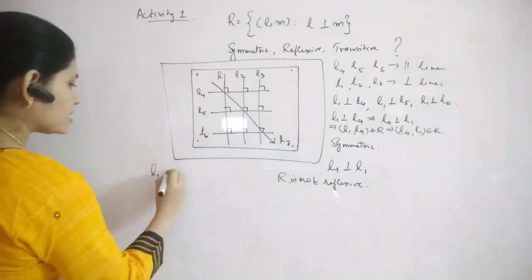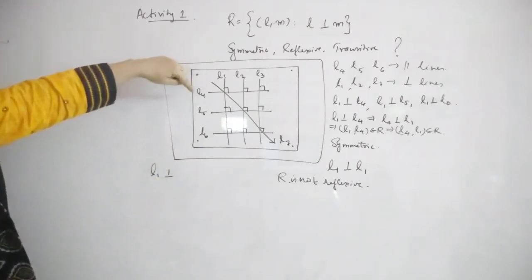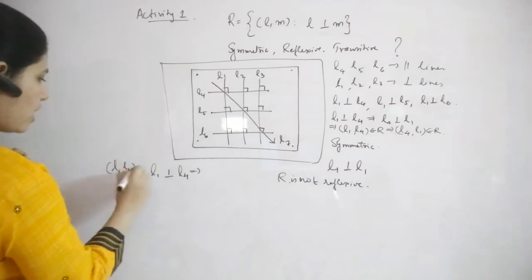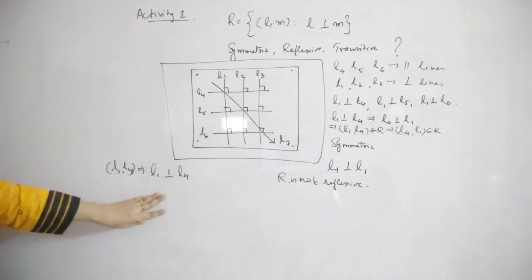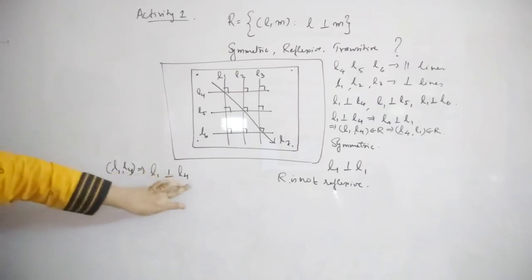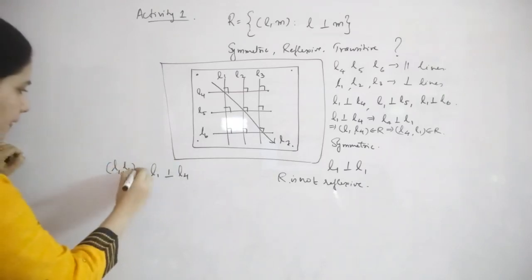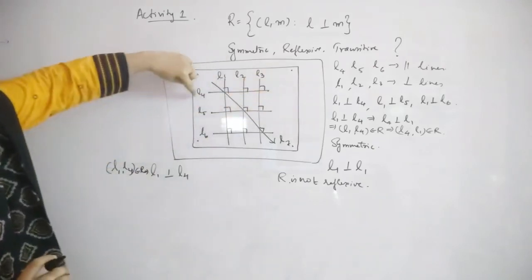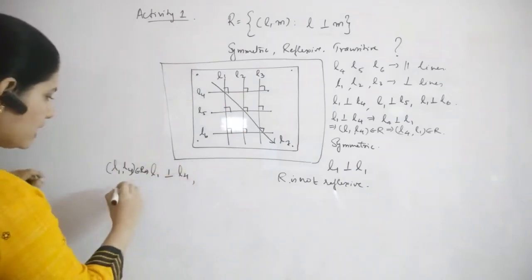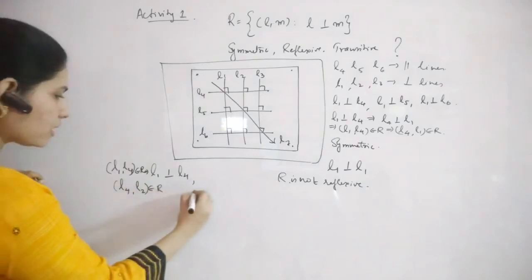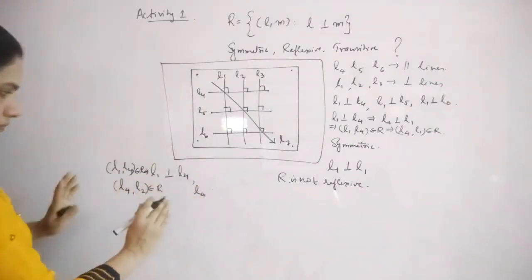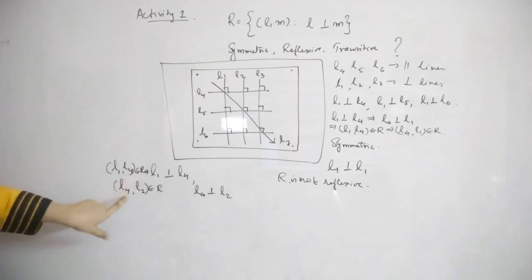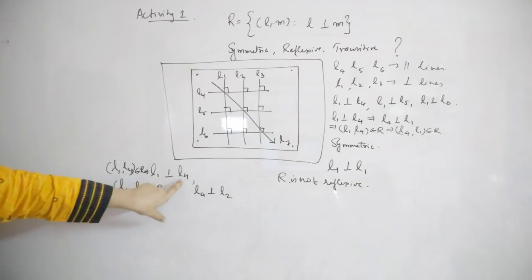If I take L1 and L4, they are perpendicular, so L1, L4 belongs to R. Now if I take L4 and L2, we have already seen that L2 is also perpendicular to L4, so L4, L2 also belongs to R. So you get L1, L4 belongs to R and L4, L2 belongs to R, because L1 is perpendicular to L4 and L4 is perpendicular to L2.